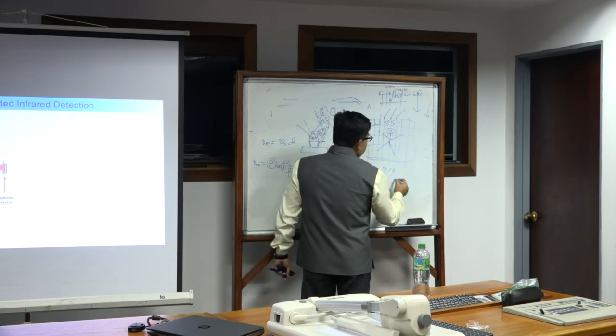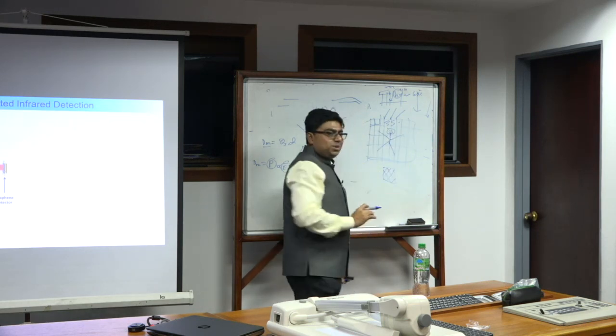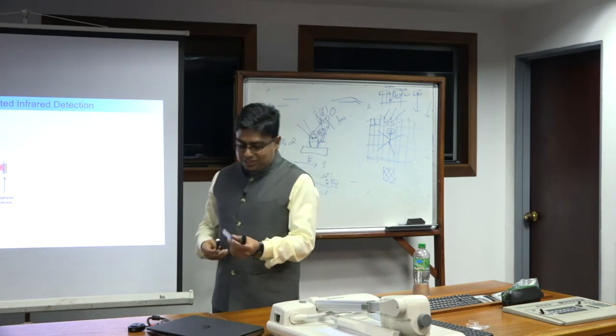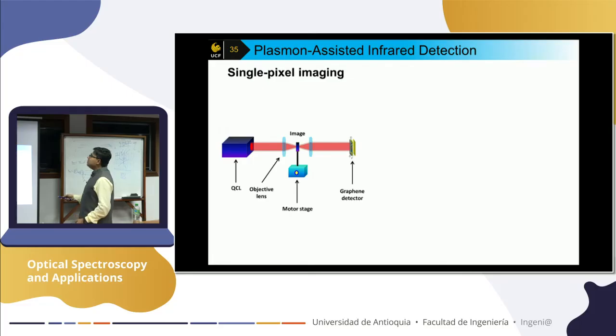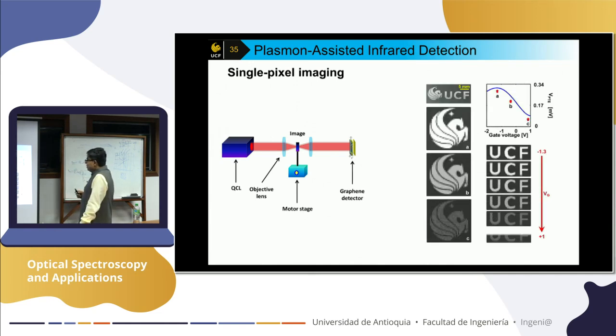So we took one element and moved it across. You keep yourself static and move that one element around to capture the image. So we move the image around for one element, and you could actually start taking images with our own detector.